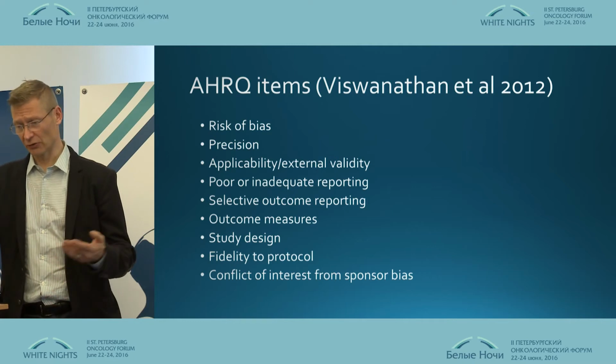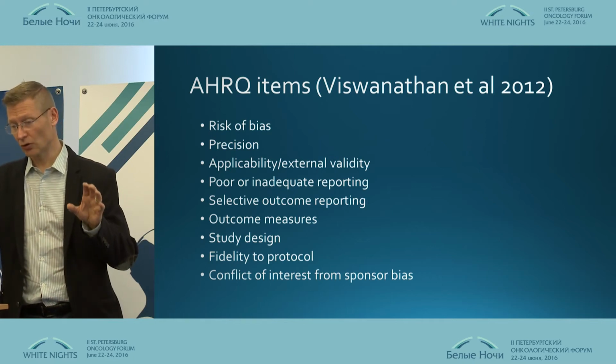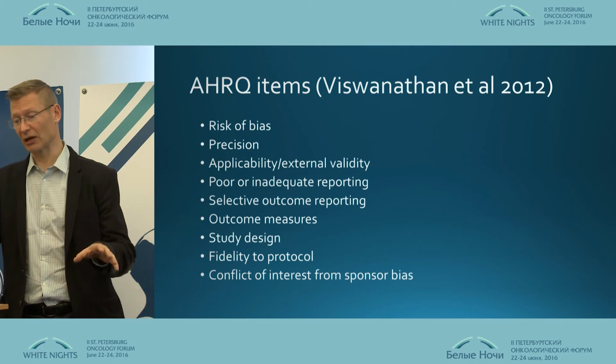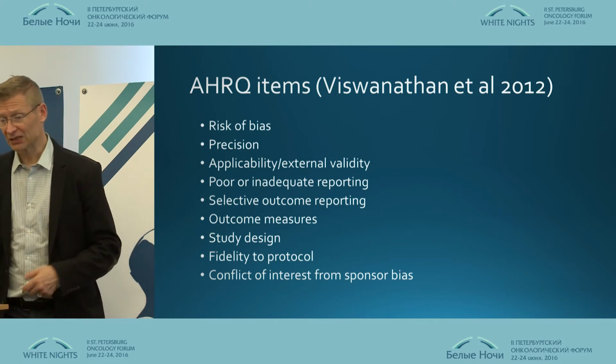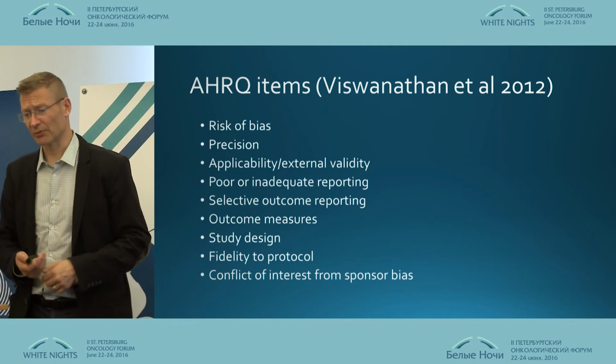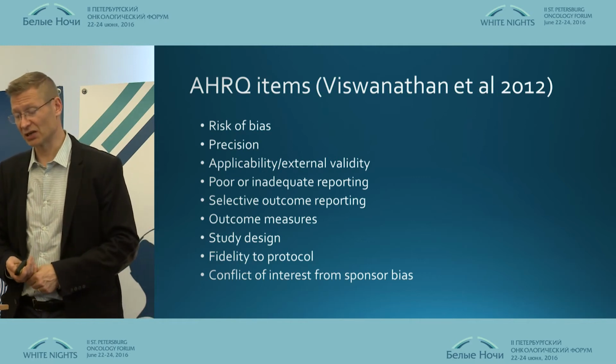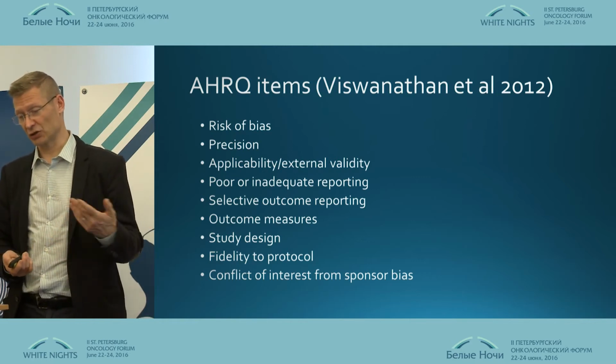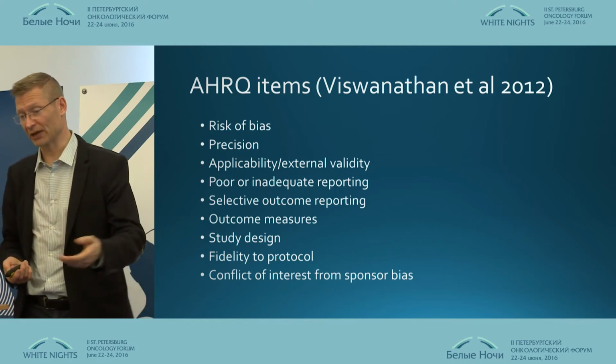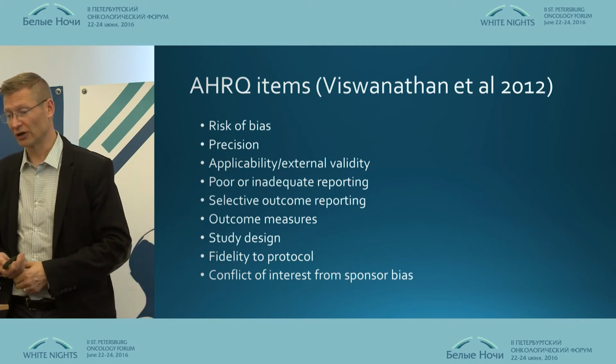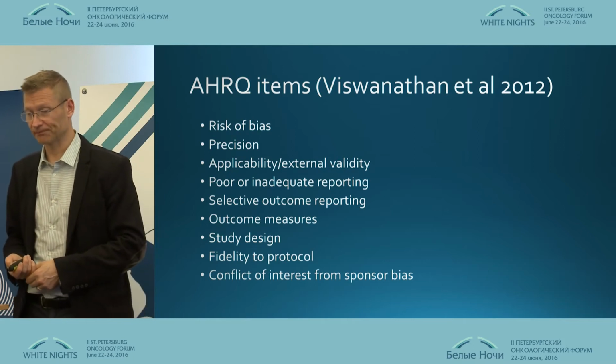Outcome measures used, I already mentioned, they should be really indicating the treatment outcome that we are trying to achieve for the patient. Survival is obvious, quality of life perhaps, functional status and so forth. Study design, the pyramid I already mentioned, but there are also details in study designs, and just how do you assess the patient's quality of life, for instance, or how do you make the measurements of whatever clinical indicators.